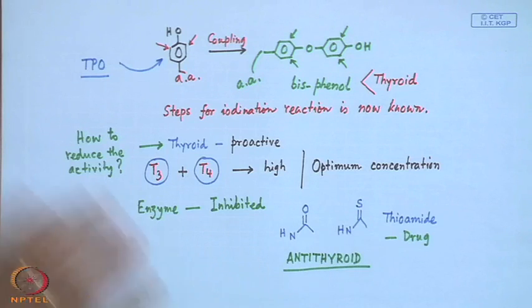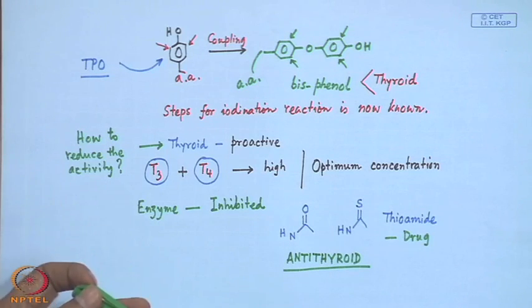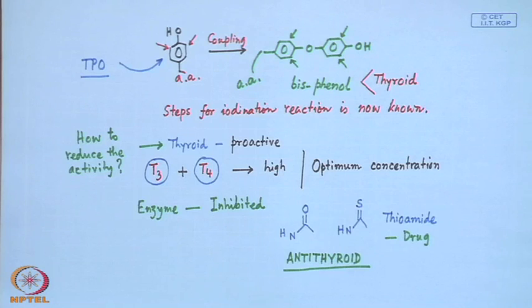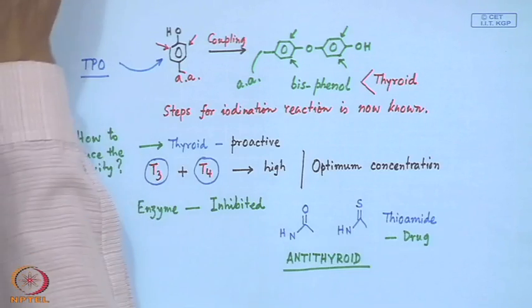So, if we want to reduce the activity of the thyroid gland for the production of thyroxine and triiodothyronine, we should have some thioamide based drugs, which are known as anti-thyroid drugs.